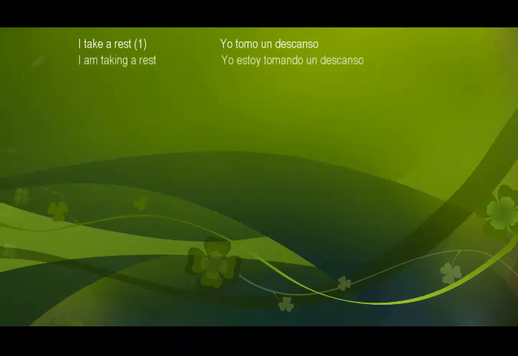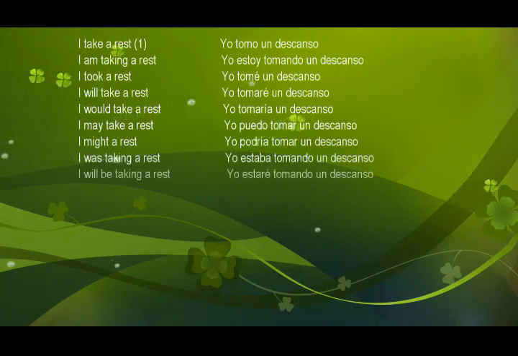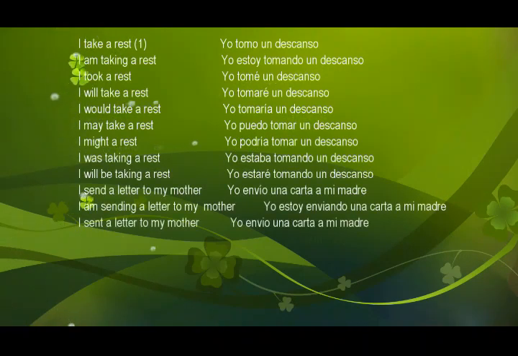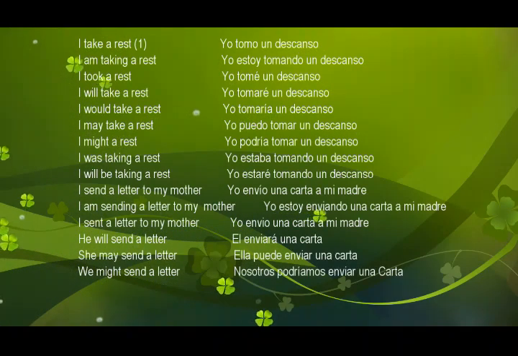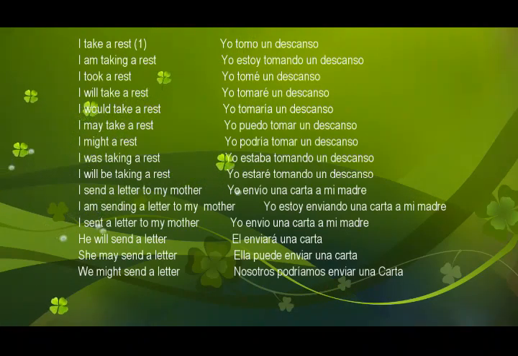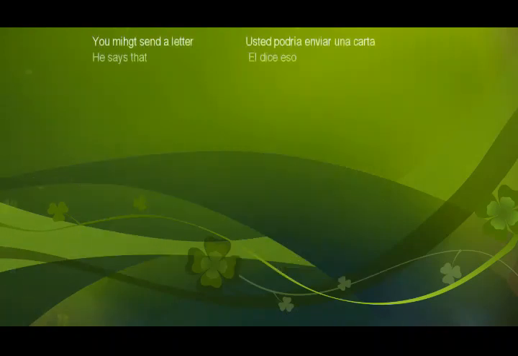I take a rest. I am taking a rest. I took a rest. I will take a rest. I would take a rest. I may take a rest. I might take a rest. I was taking a rest. I will be taking a rest. I send a letter to my mother. I am sending a letter to my mother. I sent a letter to my mother. He will send a letter. She may send a letter. We might send a letter. You might send a letter.